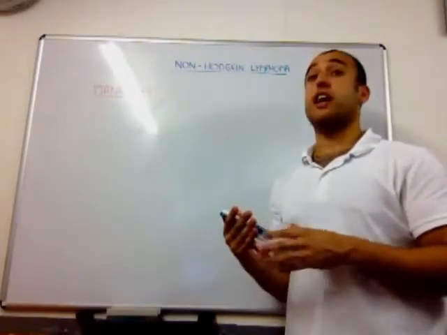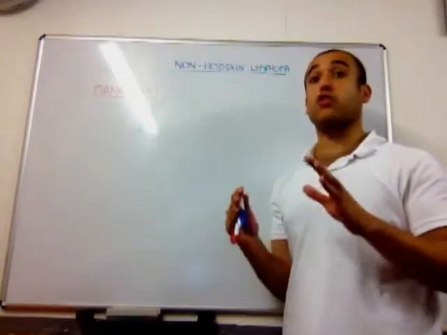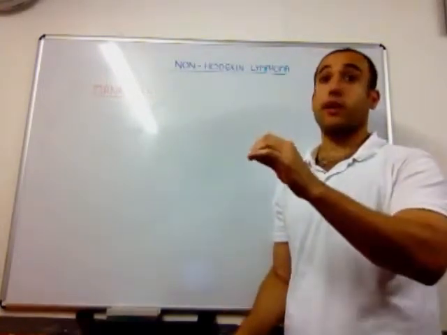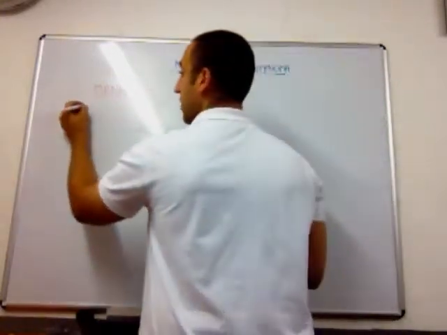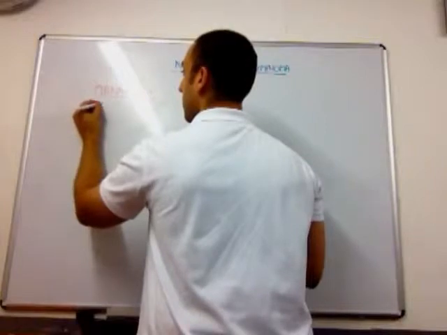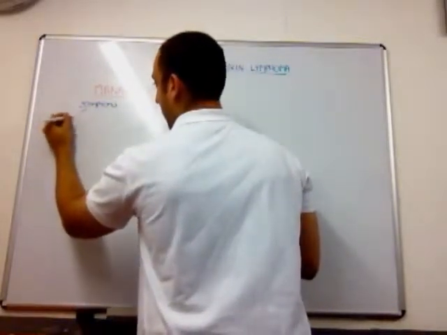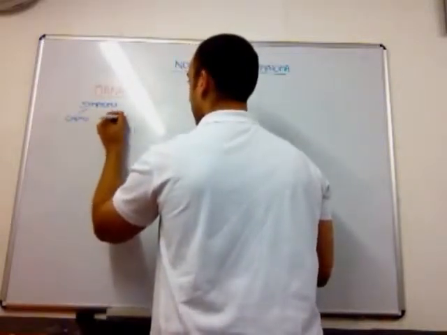Okay, so if a patient has no symptoms and has a low-grade lymphoma, possibly you can watch and wait and give no therapy. No symptoms, no therapy. Watch and wait. But if the person does develop symptoms, then of course we have chemotherapy and radiotherapy as options.